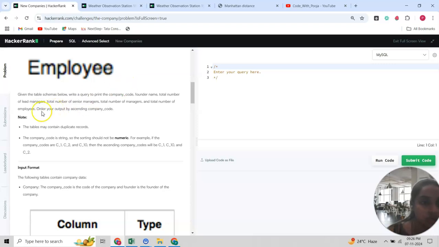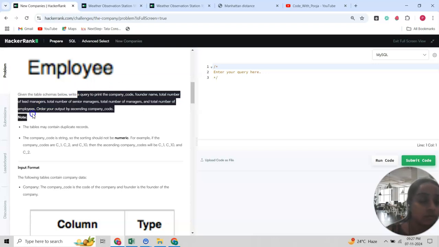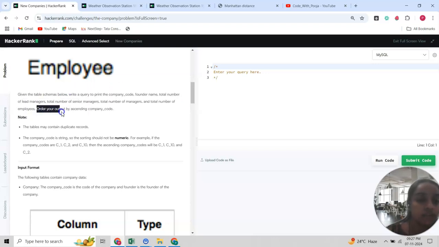So we have to print the company code, founder name, total number of lead managers, senior managers, managers, and employees, and we have to order by company code ascending.